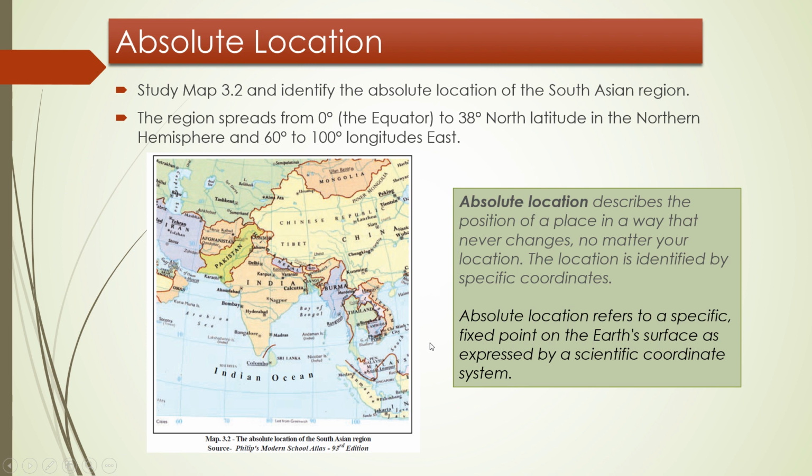And from this map you can understand the absolute location. So here you can see from 60 degree to 100 degree, right, in the northern hemisphere.